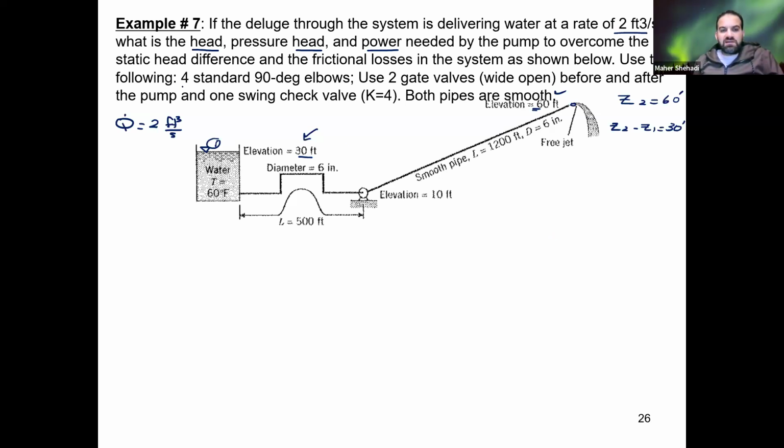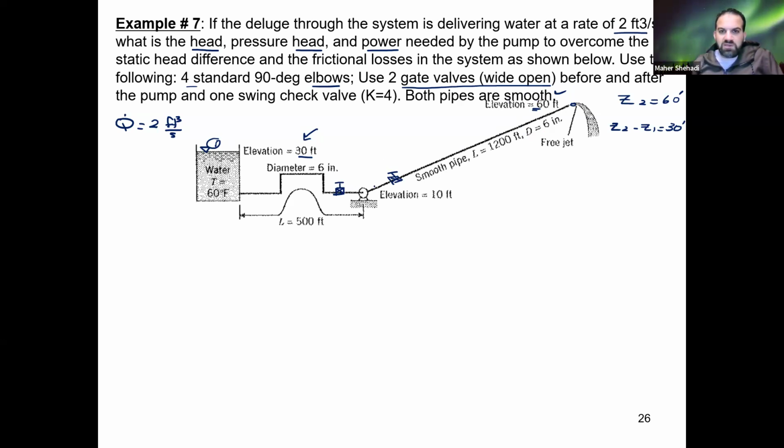We have 4 standard 90-degree elbows. We have 2 gate valves before and after the pump, and that's usually for maintenance or if you want to change the pump. So we have one here, and we have another gate valve, and they are wide open. And also we have a check valve.